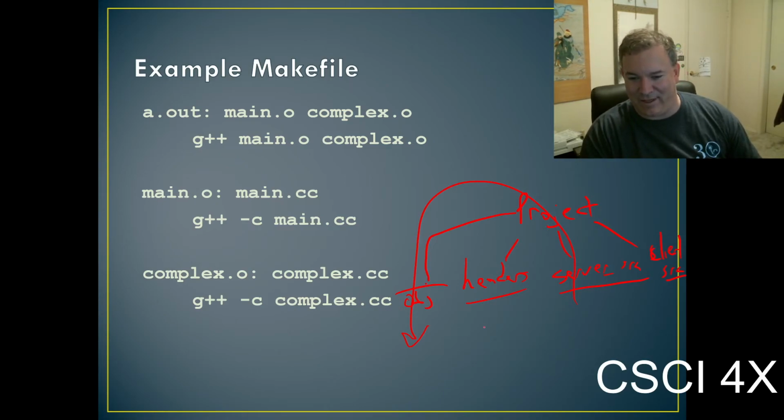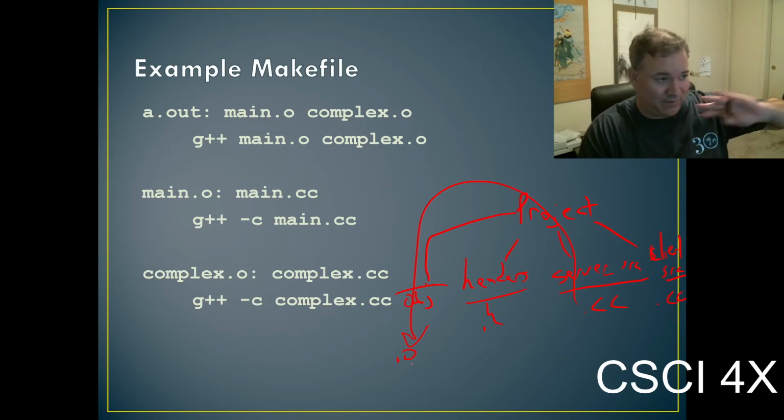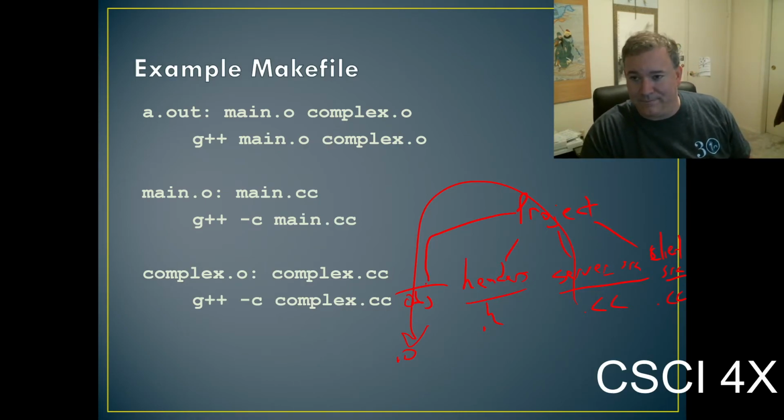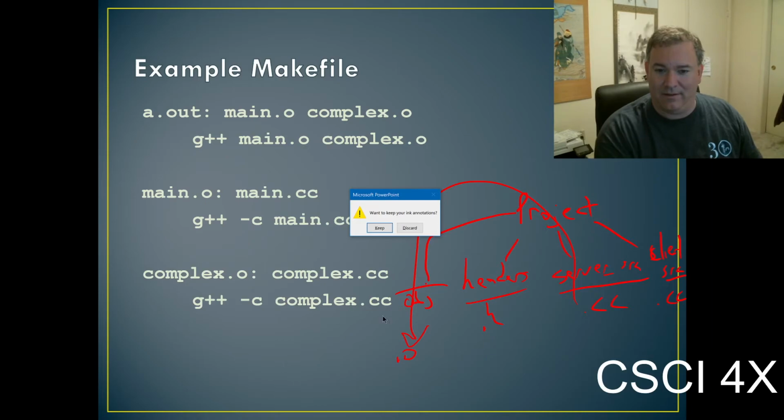So you'll have all your .h files over here, your .cc files for the server here, the .cc files for the client over there, and then all the .o files. Some Makefiles will just toss them off into a different directory, and you don't have to see them. Because when you type ls, you don't want to look at all the .o files, because you don't do anything with them. They're just cached results of compilations.